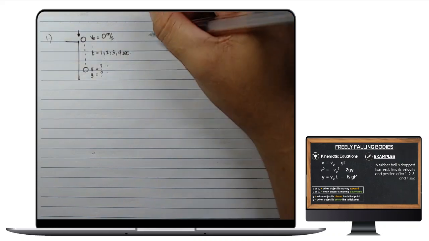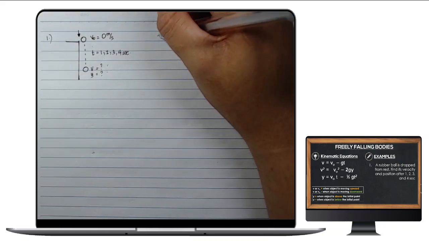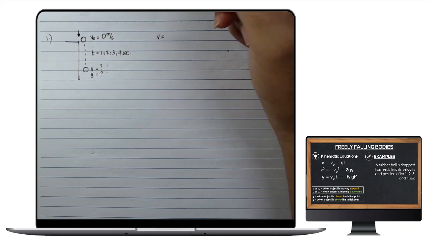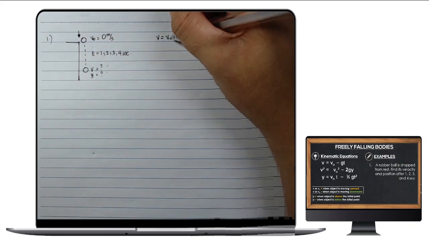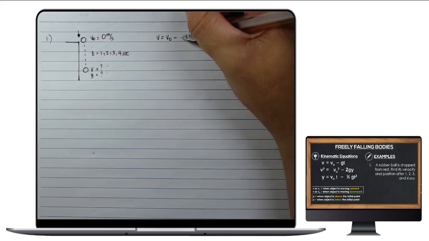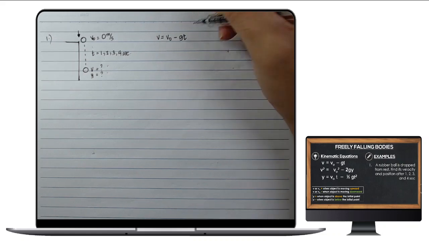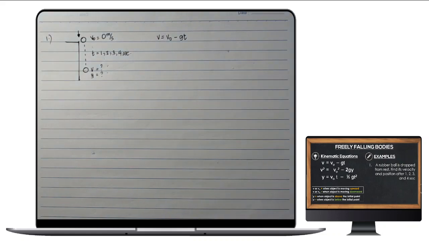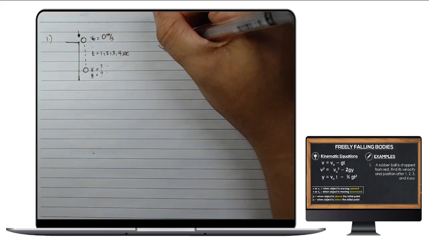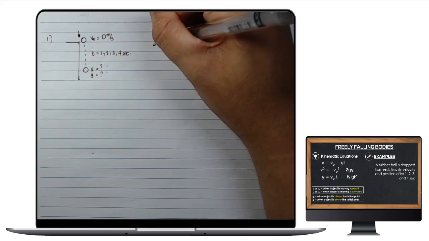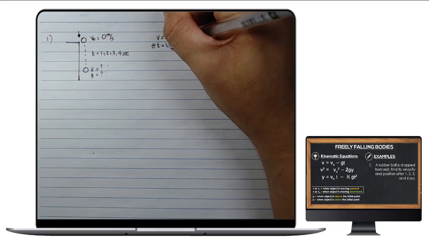Okay, so from equation 1, our velocity is equal to V sub O minus GT. So that is your formula. So substituting, at time equal to 1 second.